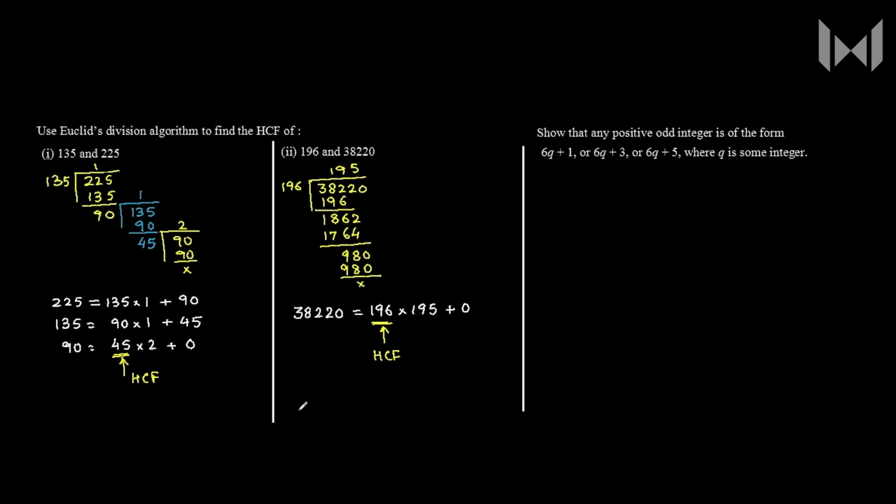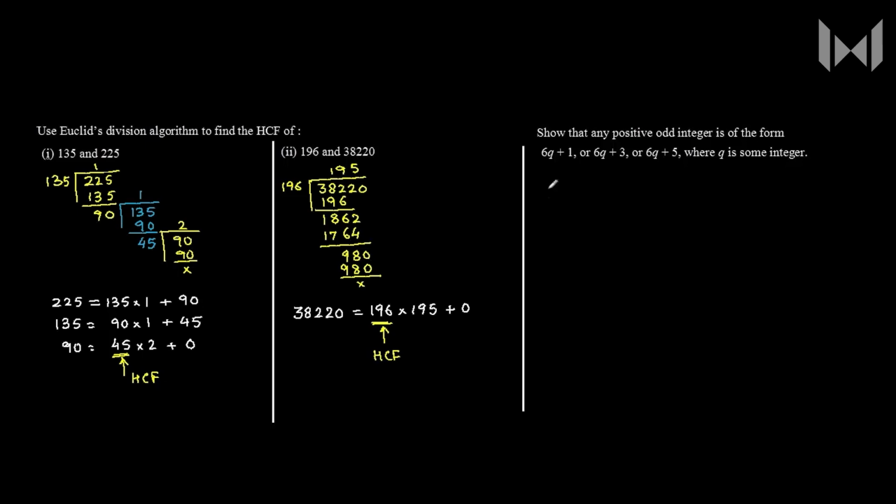Okay, now coming on to the Euclid's division algorithm to show that any positive odd integer is of the form 6q plus 1, 6q plus 3, or 6q plus 5. Now over here we can see that the divisor is 6. So according to the remainder theorem, the remainder should be either 0, 1, 2, 3, 4, or 5.